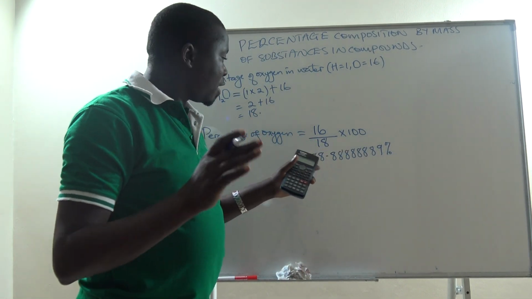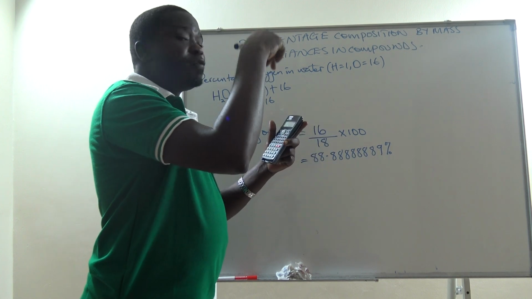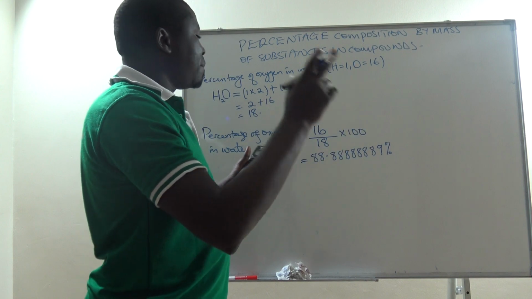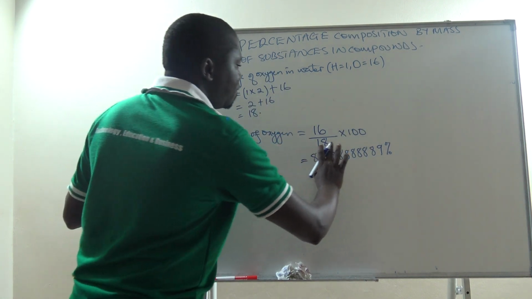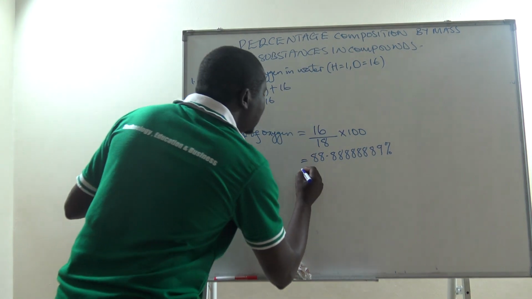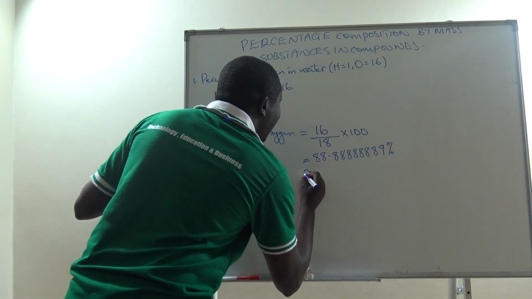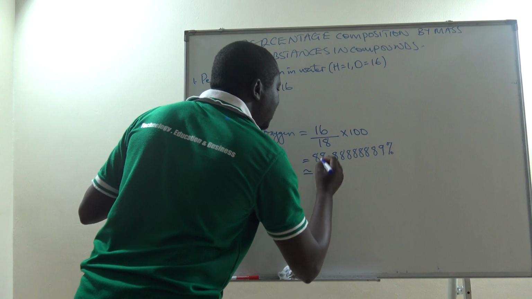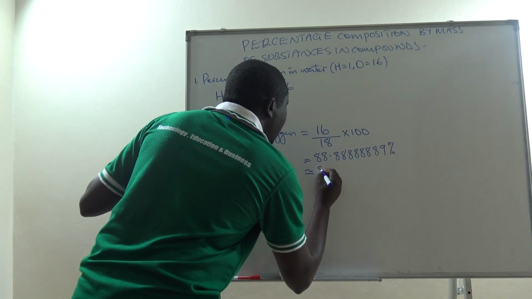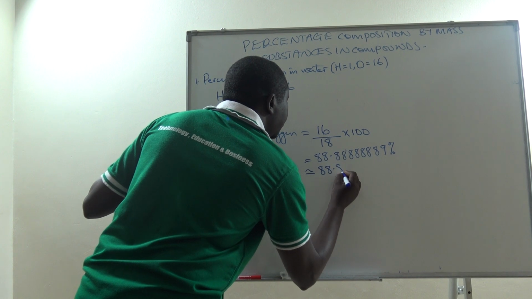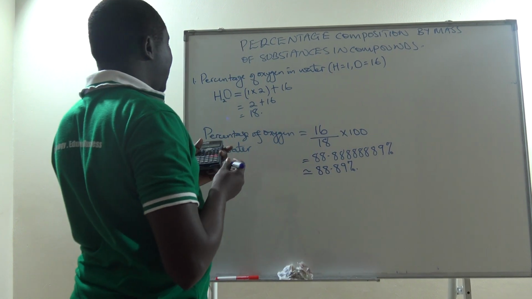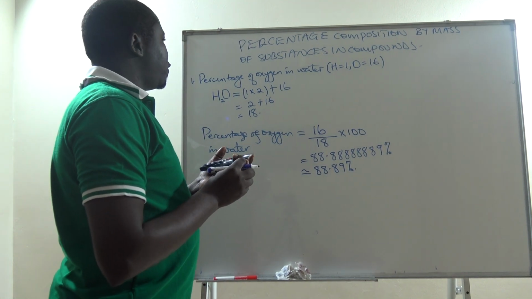In most cases, we tend to round off right from the calculator. The calculator has given you a value, but you are writing something else. First write the whole of it, and if there be need for rounding off, it comes later on and becomes an approximate value. So suppose you wanted to round it off to 2 decimal places, then it will be approximately 88.89%. So that one is the percentage of oxygen in water.